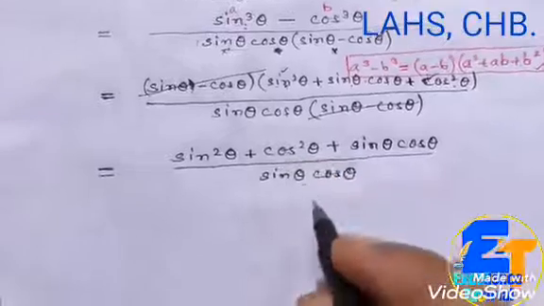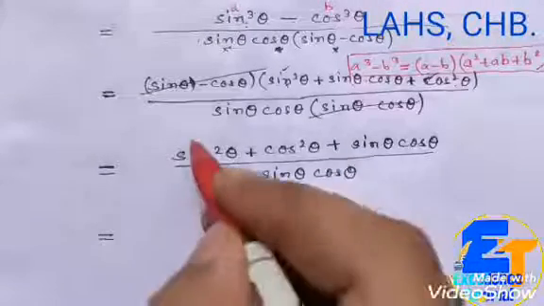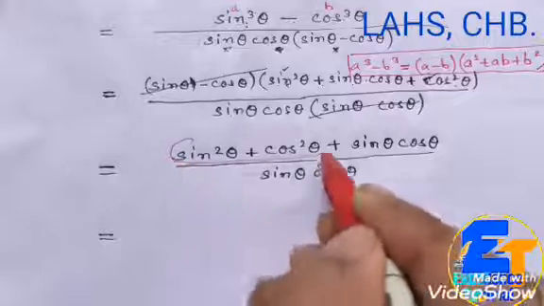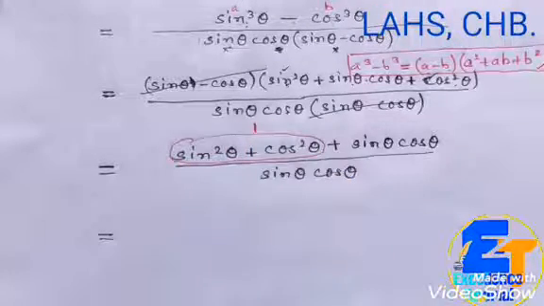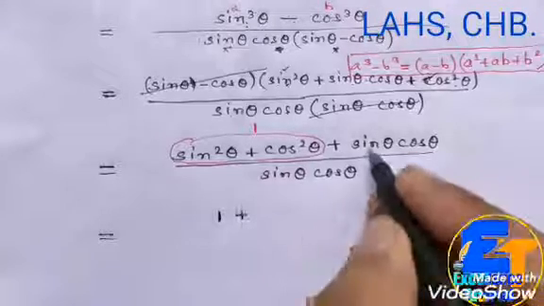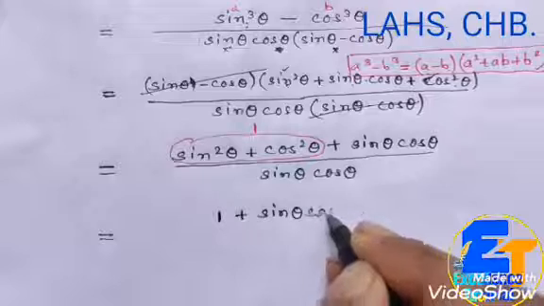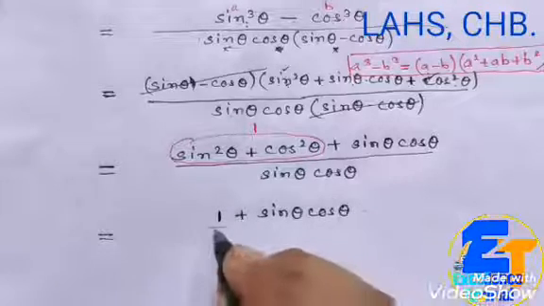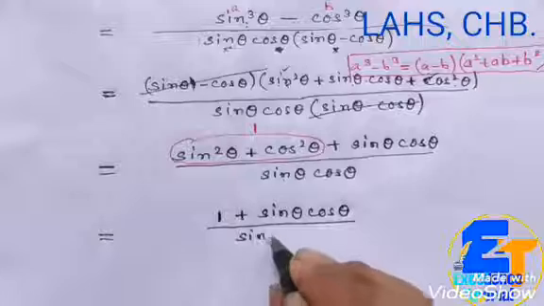Now see, in this step, as you know the trigonometric identity sine square theta plus cos square theta, its value is 1. So in this place we are going to write 1 plus sine theta cos theta by sine theta into cos theta.